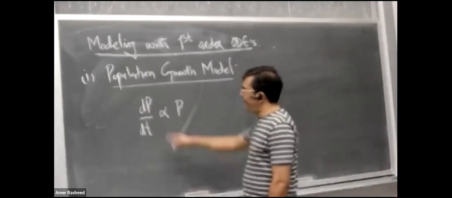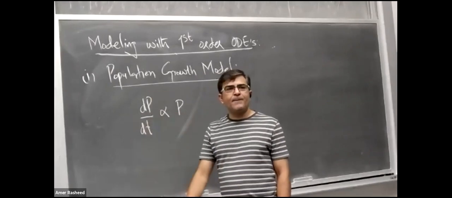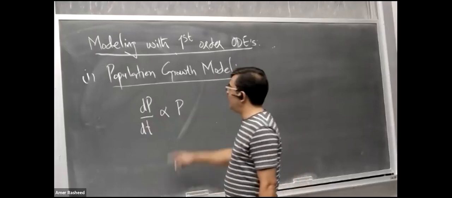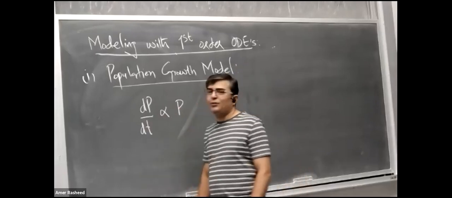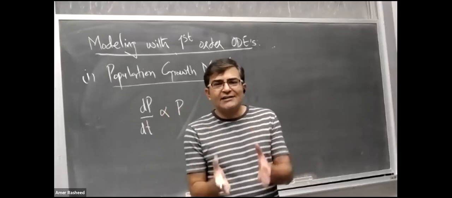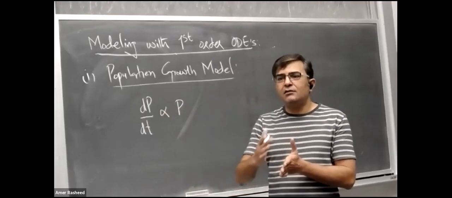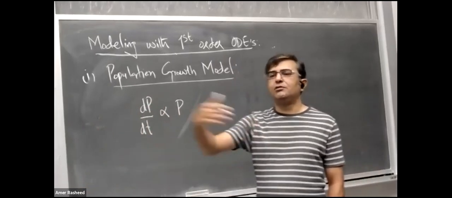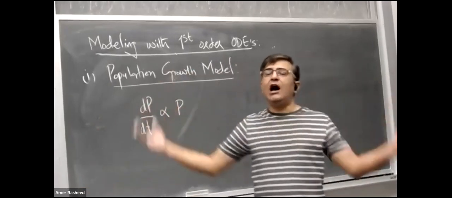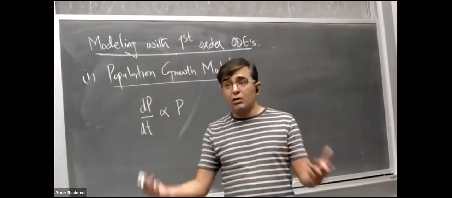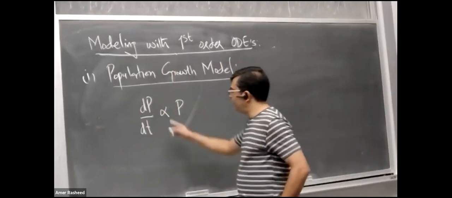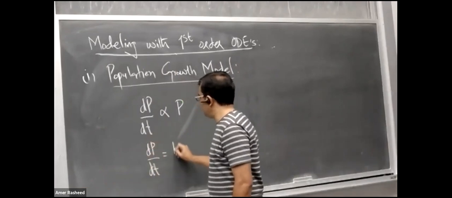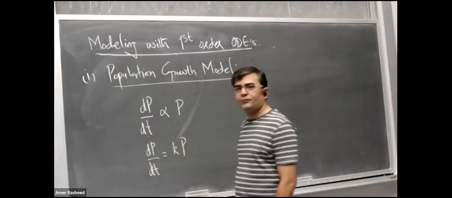When we say that the rate of change of the population is proportional to the current population, if we have a smaller population initially, then the growth will be proportional to that population. If the population is large, then the population grows accordingly. So if we remove the sign of proportionality, we can have some constant of proportionality k, and P.